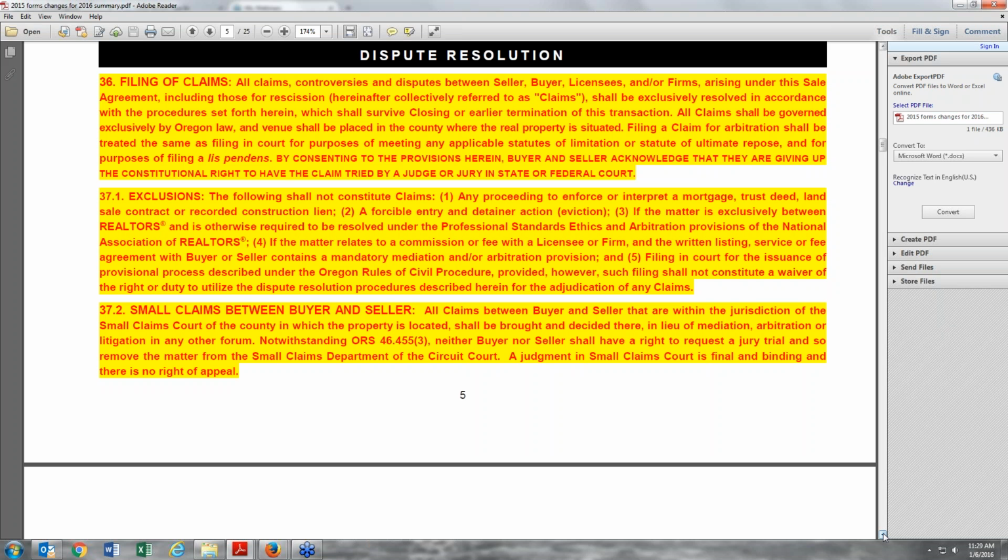If the claim is over $10,000, then yes, there is a right to bring the matter into arbitration. But at the time you file for arbitration, or before you file for arbitration, it is required that the seller or the buyer offer or agree to mediate first.